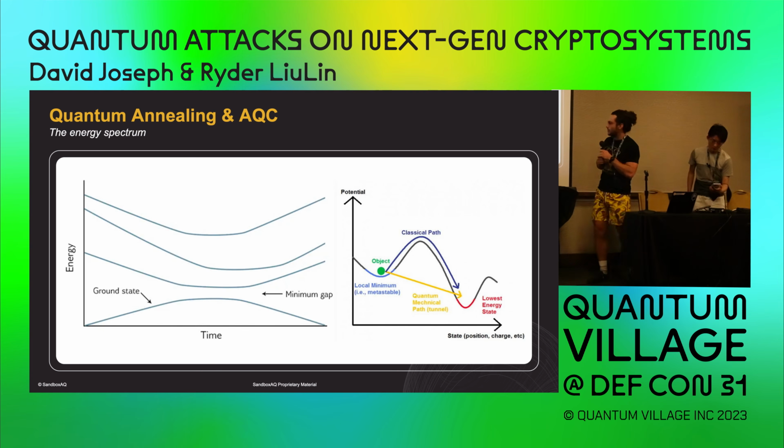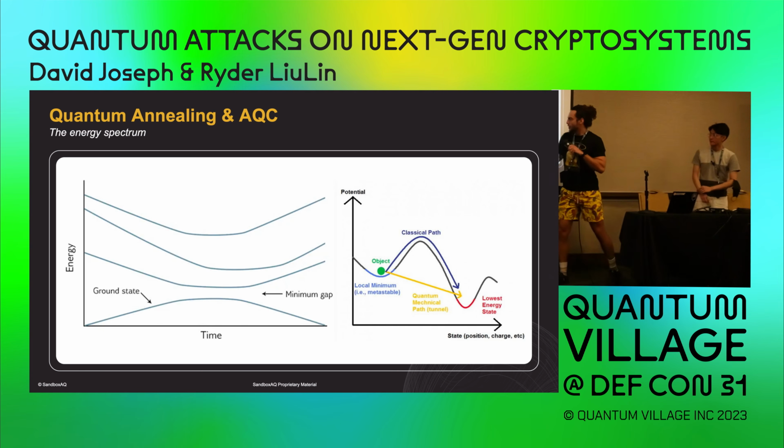So here we go, more diagrams. Over here is our initial superposition, the equal superposition, and this is the lowest energy state, and these are different energy states here. You see this ground state. As we evolve over time, the eigenenergies of these intermediate Hamiltonians squeeze together, and then open out again for the final problem Hamiltonian, which is when you measure it.